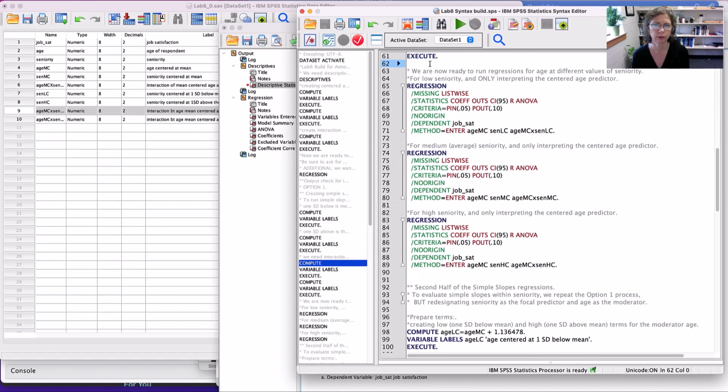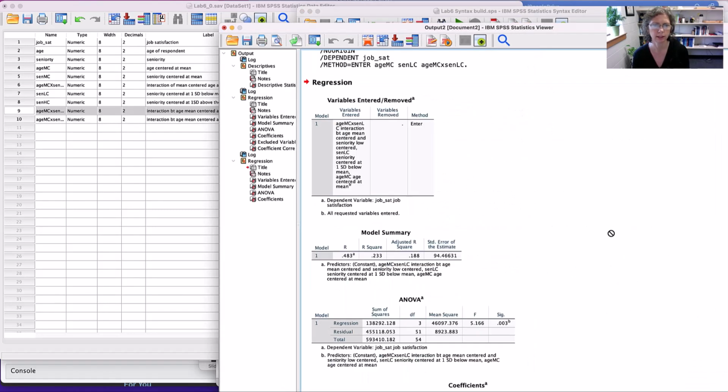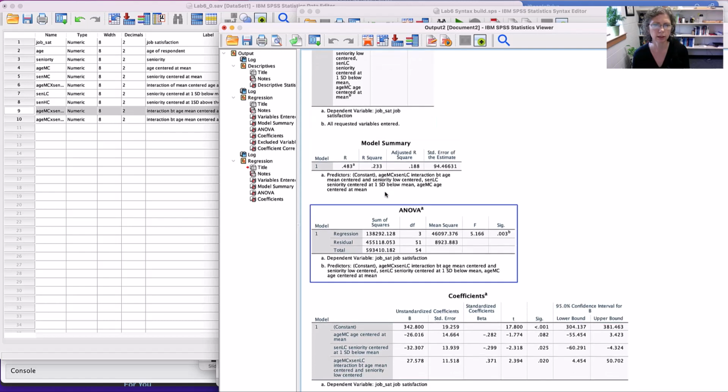Here's the one for low, and that's what it looks like. My dependent variable is job sat. I entered age at mean, seniority low, age by seniority low. And now let's take a look at this. We're not even worried about the overall summary at all.